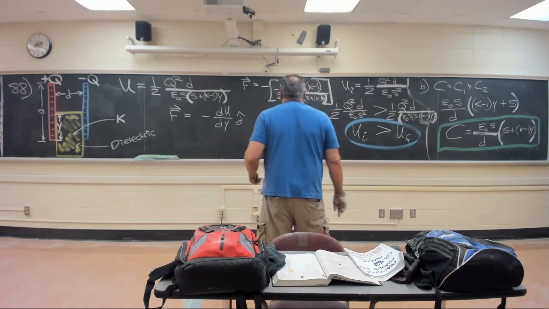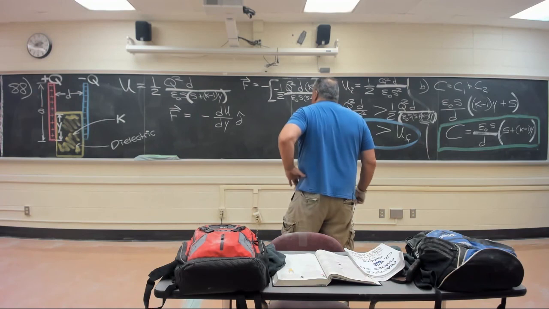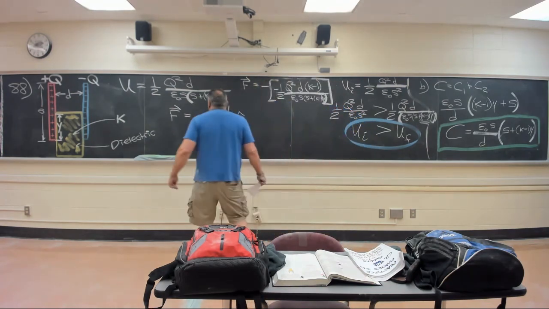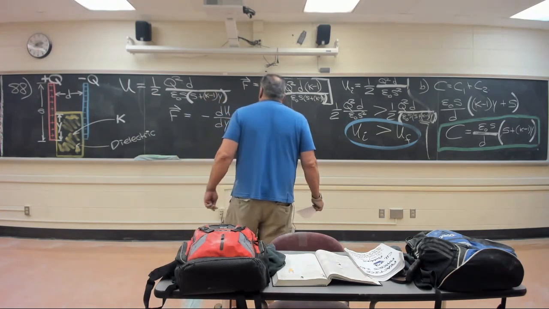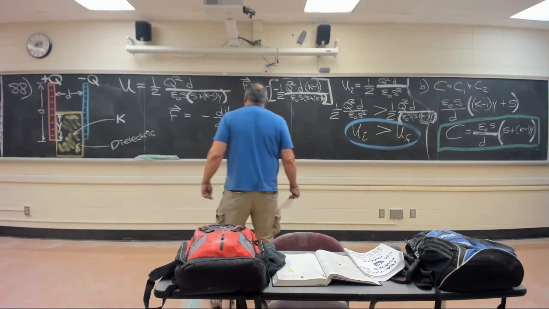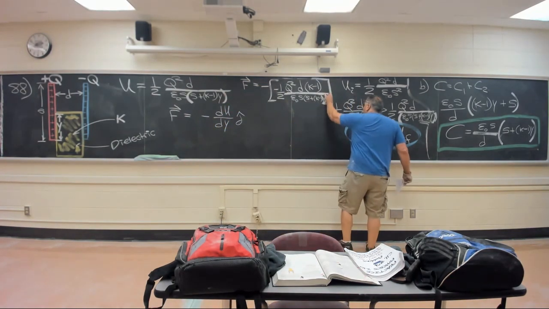Yeah, everything is believable, guys. F over G is G F prime minus F G prime, and the whole thing over G. It looks good, guys. All you've got to do is put the square here.